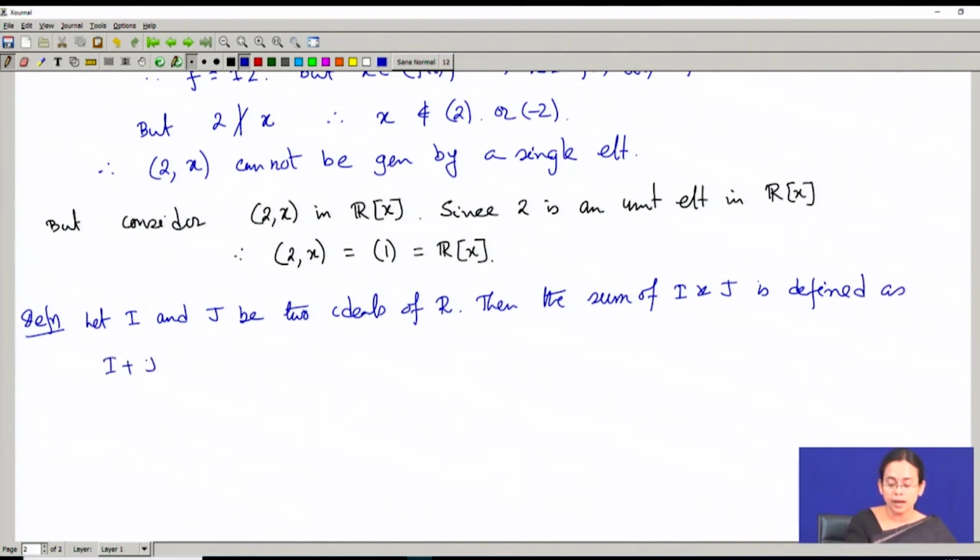I plus J, I define to be all the elements of the form a plus b such that a is coming from the ideal I and b is coming from the ideal J.